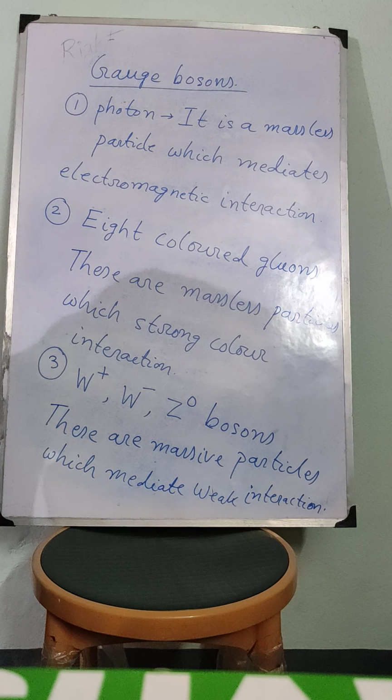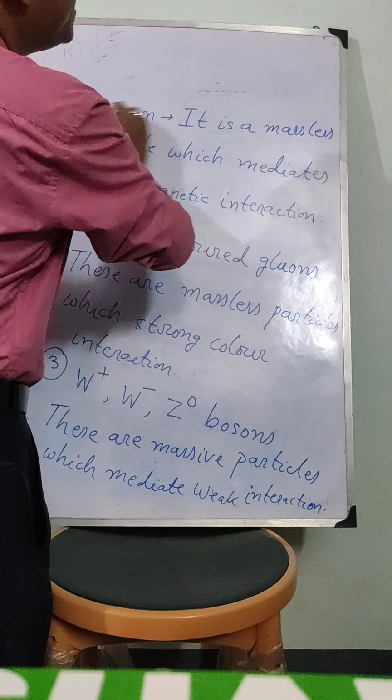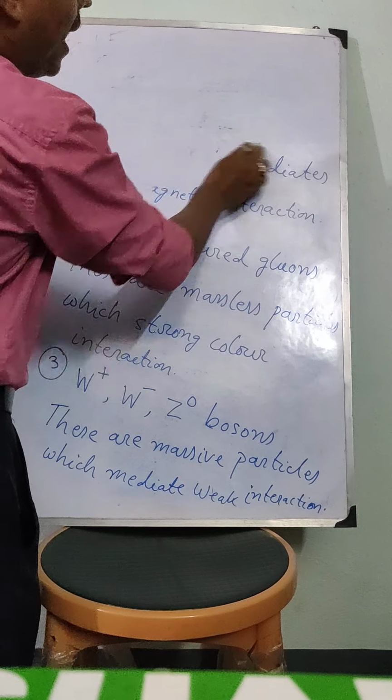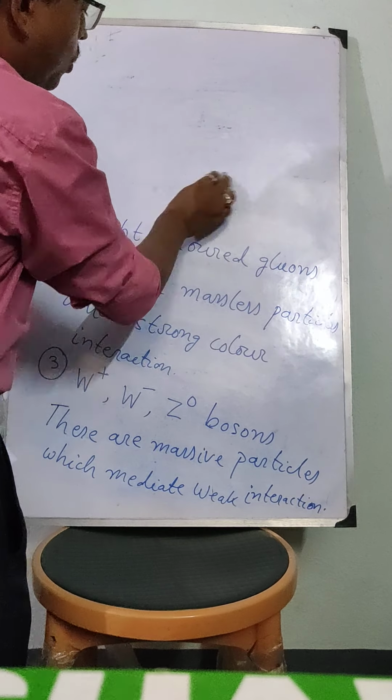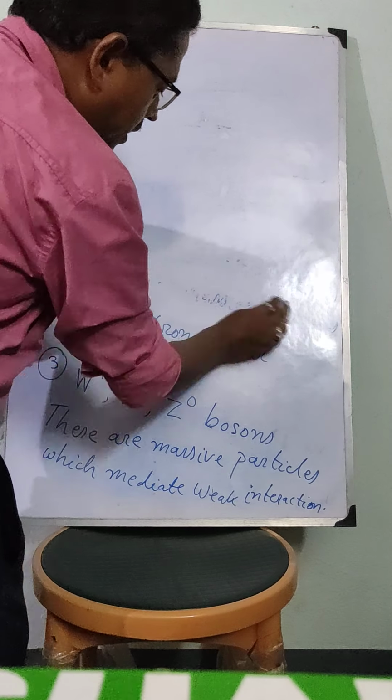Now the last one is the scalar boson, which is the famous particle recently discovered at the Large Hadron Collider in the year 2012, and it is called the Higgs particle.